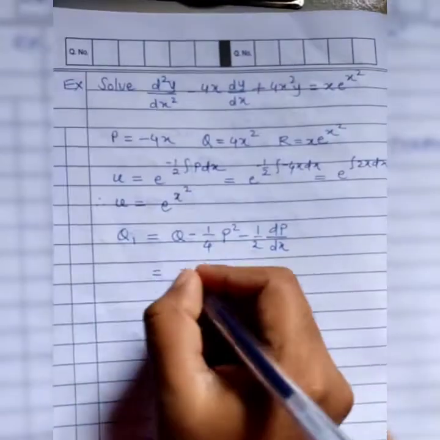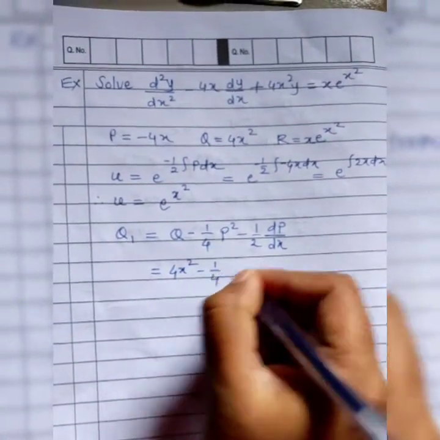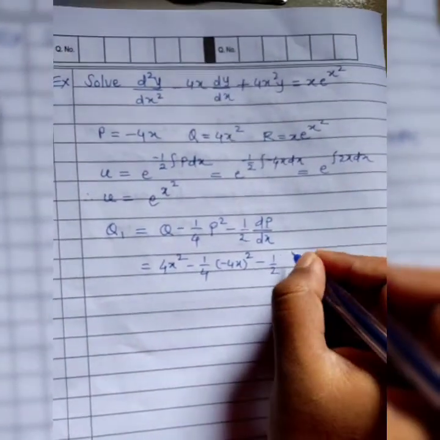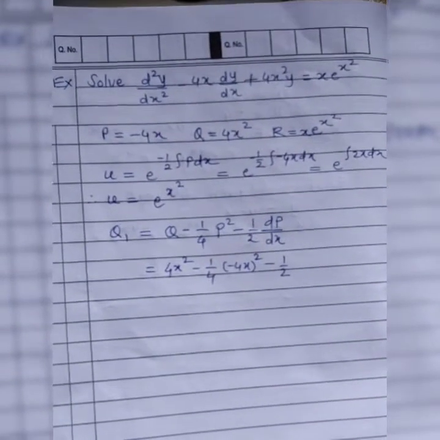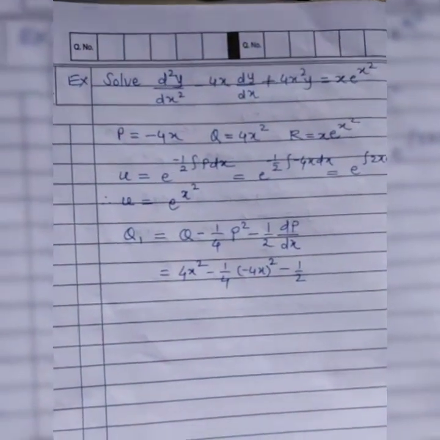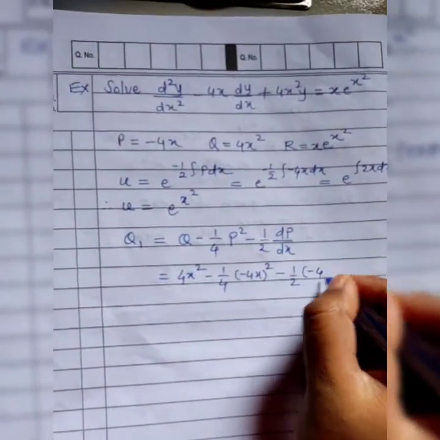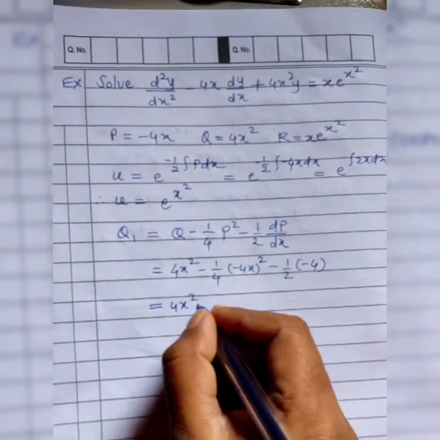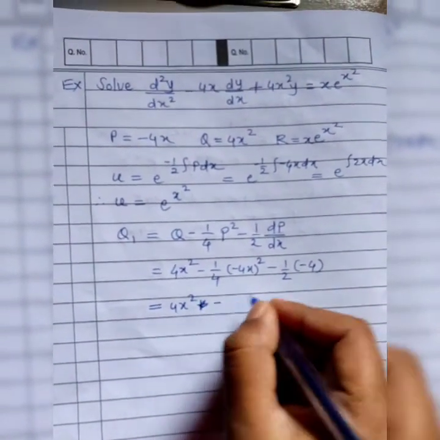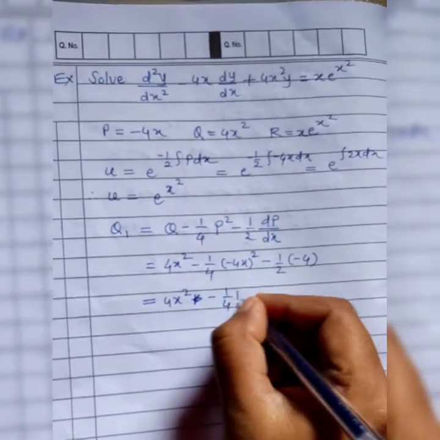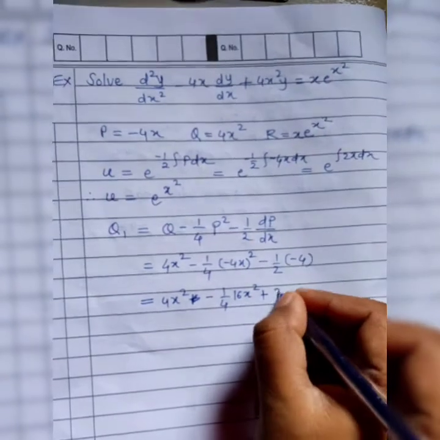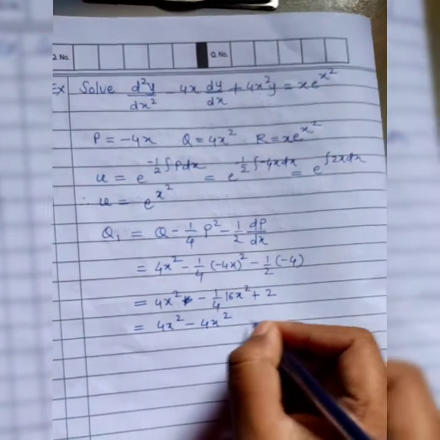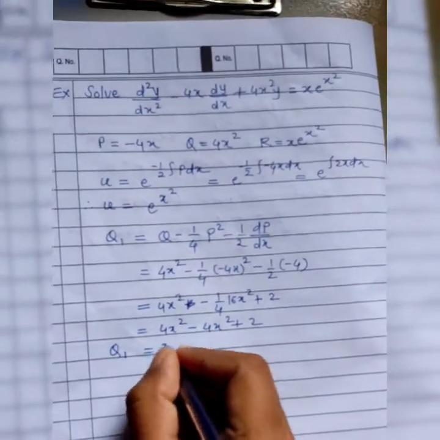What is q? 4x square minus 1 by 4 into minus 4x bracket square minus 1 by 2 dp by dx. That is derivative of p with respect to x. So what is derivative of p? Minus 4 is the derivative of p with respect to x. So 4x square plus, minus 1 by 4 into 16x square plus 2. 4x square minus 4x square plus 2, we get q1 is equal to 2.